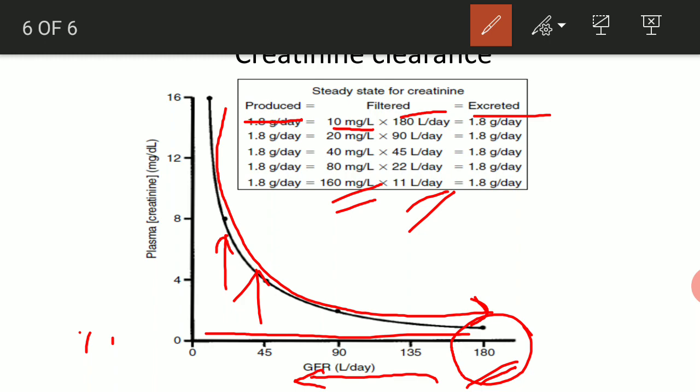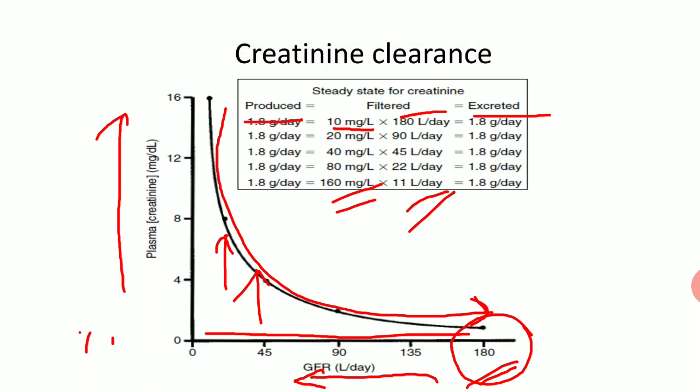So as the creatinine concentration in the plasma is increasing, it will give us indirect information that your GFR is becoming bad, and this concept is majorly used in clinical practice to estimate the glomerular filtration rate of a person. So this is about this topic. Thank you for your patient hearing.